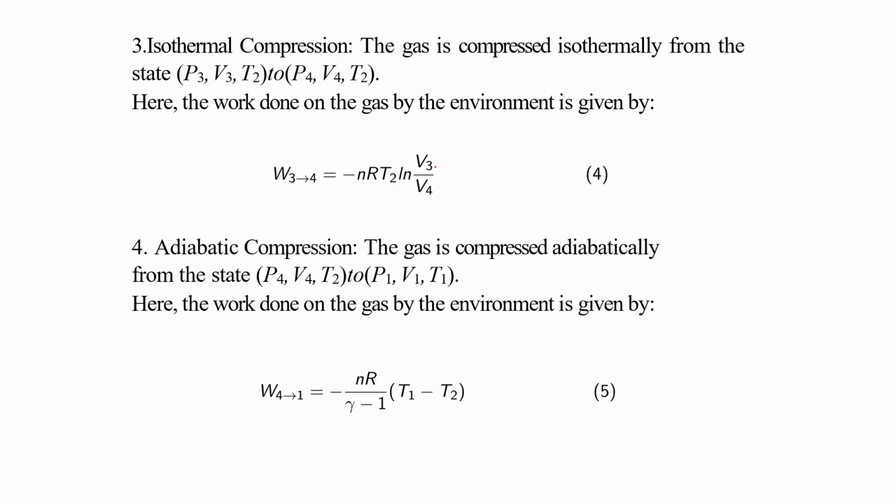So temperature is T2, final volume is V4 and initial volume is V3. And finally adiabatic compression: the gas is compressed adiabatically from the state P4 V4 T2 to P1 V1 T1. Here the work done on the gas by the environment is given with this expression.